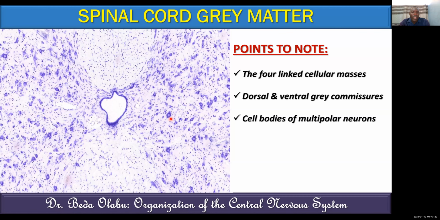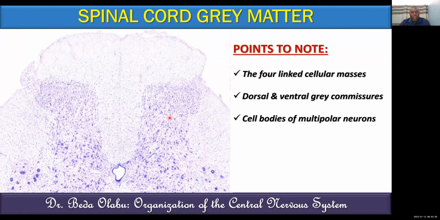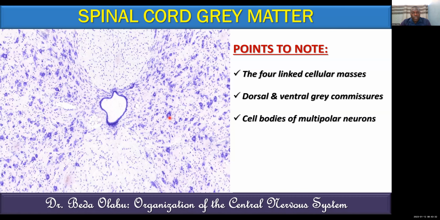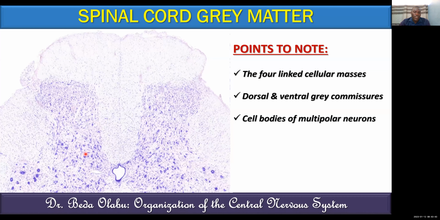They are multipolar neurons. Whether they are motor or they are sensory, doesn't matter. They are multipolar neurons. So these are the cell bodies as you can see them. And this image shows us something else other than the cell bodies. I want to use this image to show you something.